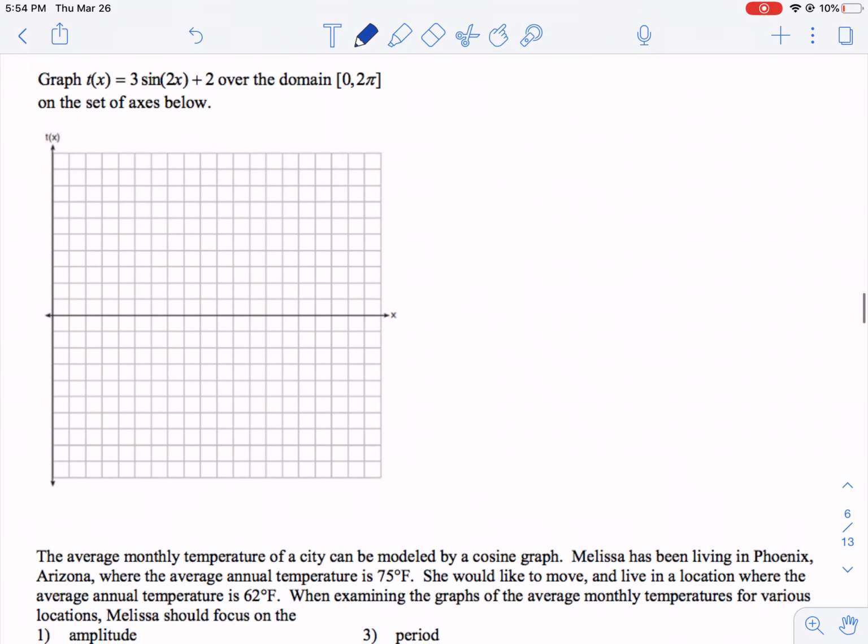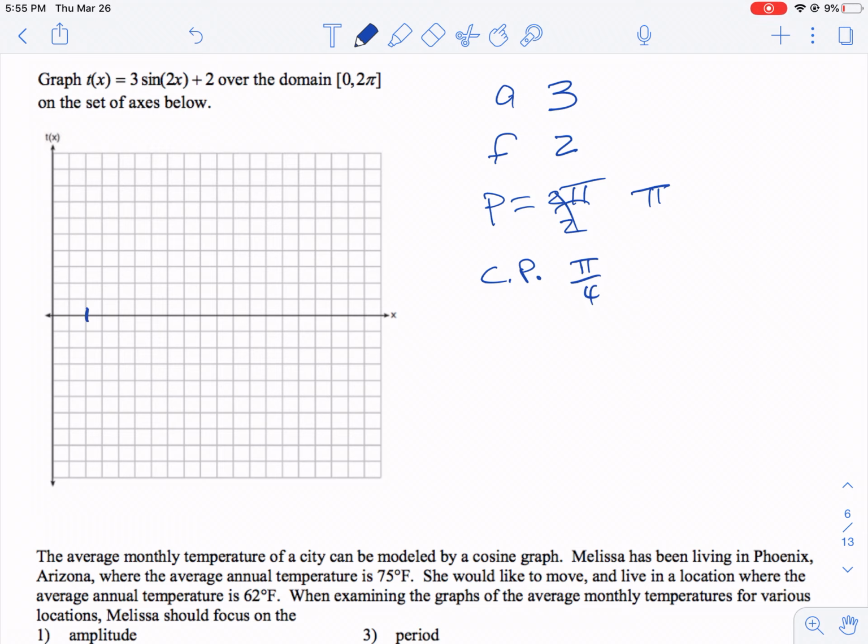Alright, we need to graph this over the domain 0 to 2 pi on the set of axes below. Okay, amplitude is 3. Frequency is 2. Period is 2 pi divided by the frequency, so we get pi. And critical points are going to be pi divided by 4.